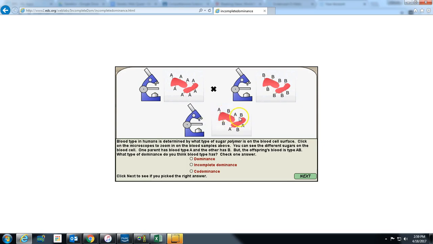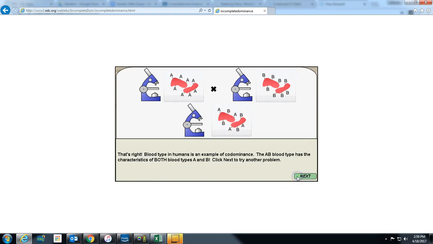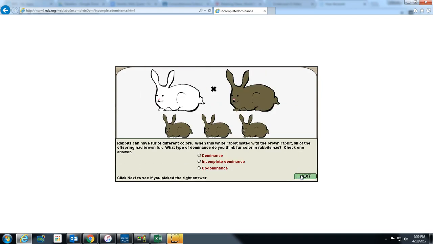They have mixed AB. Do you think that's dominance, incomplete dominance, or codominance? So this is kind of like them having both, so this would be our codominance. Blood type in humans is an example of codominance because the AB blood type has the characteristics of both A and B.